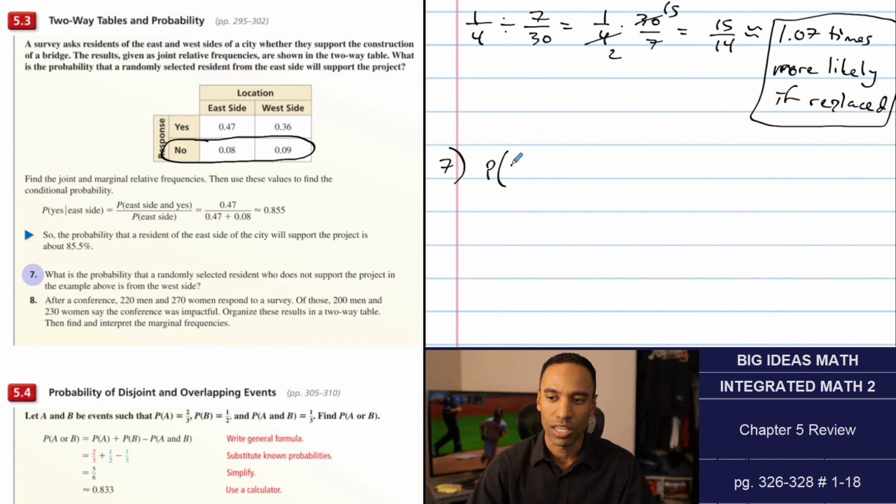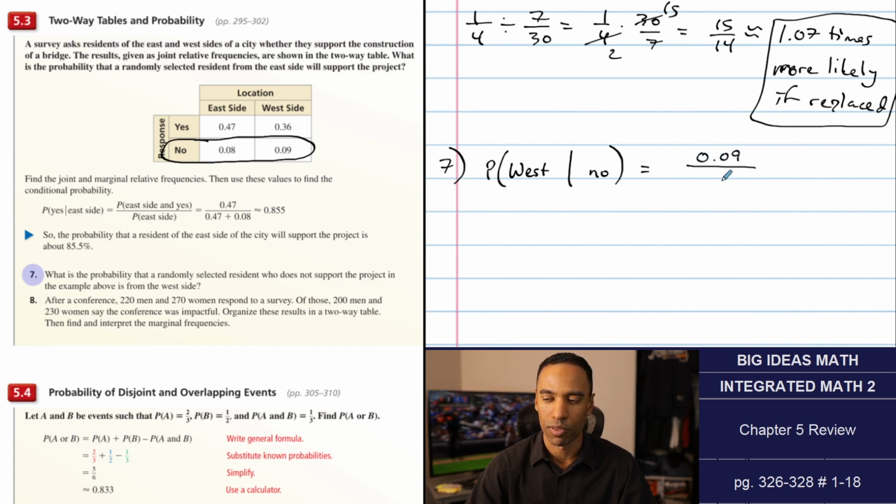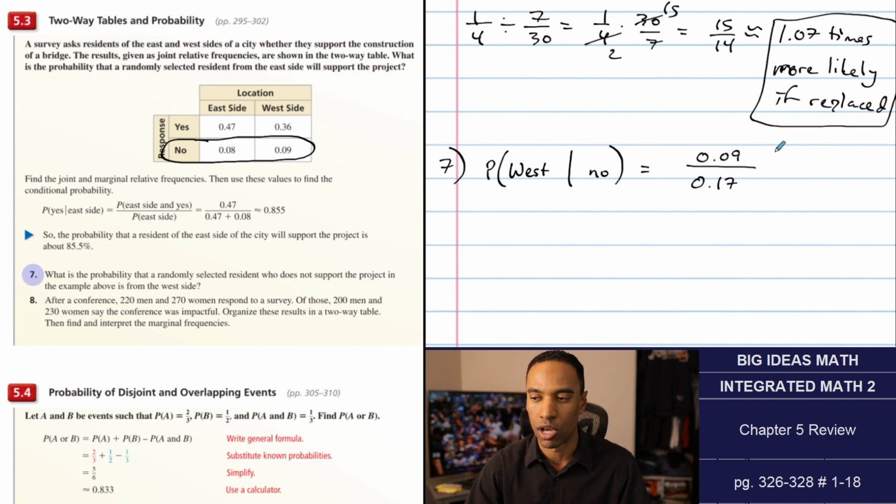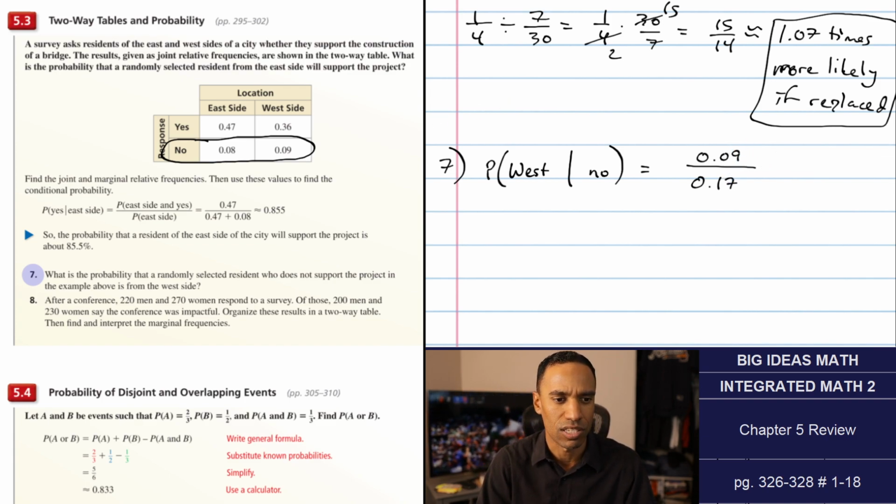So probability you're on the west side, given that you're a no. So 9% of all are from the west side, but only 17% are those who do not support. 9% of no's are from the west side, but only 17% of all of them are no's, and this is what we're going to divide. Basically 9/17.